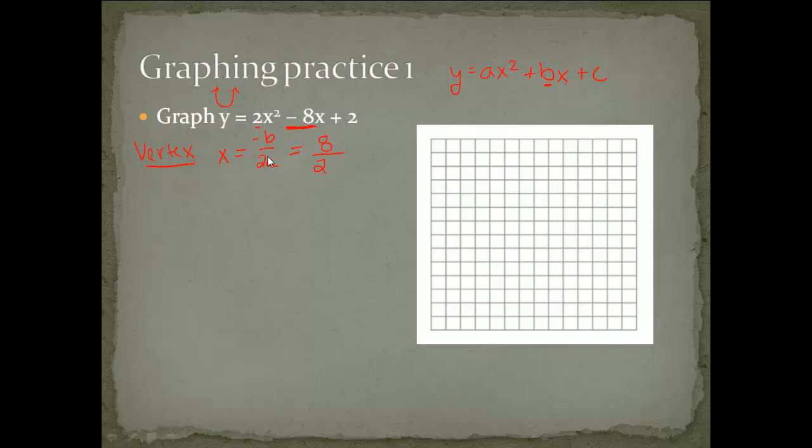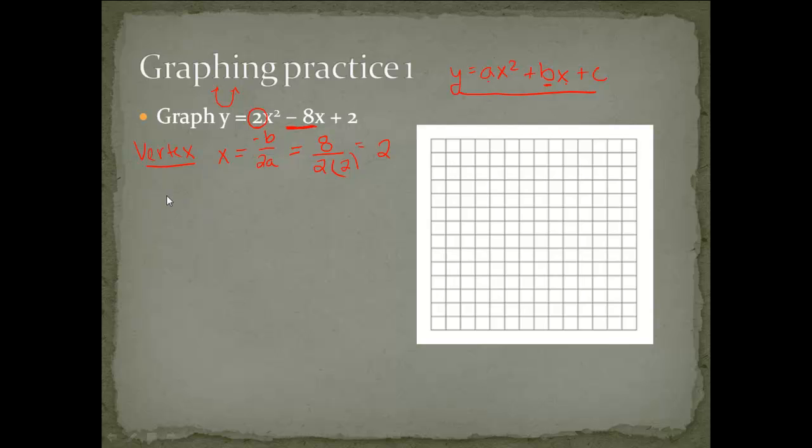Then it says I need to divide that by 2 times a. I look back at my standard form, and a is the number with x squared. According to my equation, a is a 2. I can simplify that, so I have 8 divided by 4, which gives me a 2. So my vertex has an x-coordinate of 2.